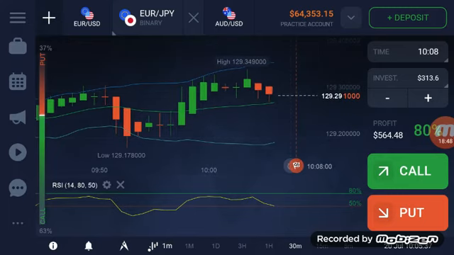This one here looks like it's gonna touch the 50 and bounce off of it and go up.